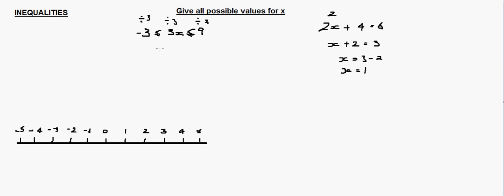So we write the same signs as we did before. So 3x divided by 3 just gives us x. Minus 3 divided by 3 gives us minus 1. 9 divided by 3 gives us 3.